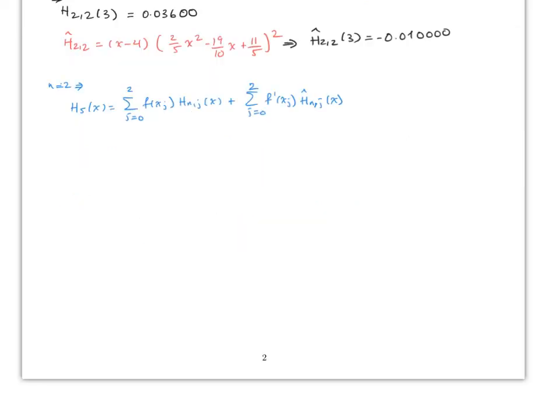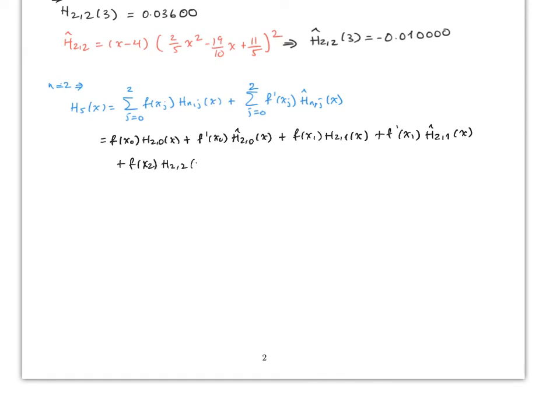So in our case, this is equal to f of x 0 times h 2 0 of x plus f prime of x 0 times h 2 0 hat of x plus f of x 1 h 2 1 of x plus f prime of x 1 h 2 1 hat of x, and then plus f of x 2 h 2 2 of x plus f prime of x 2 h 2 2 hat of x.